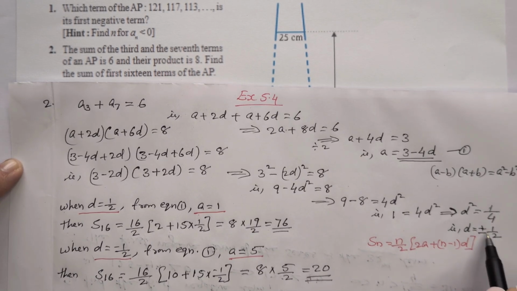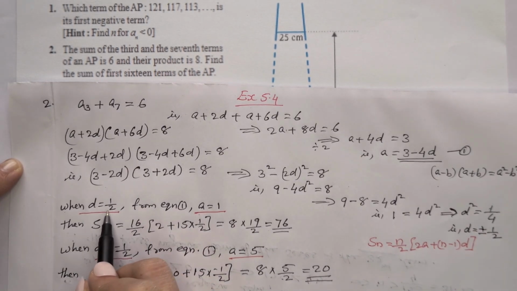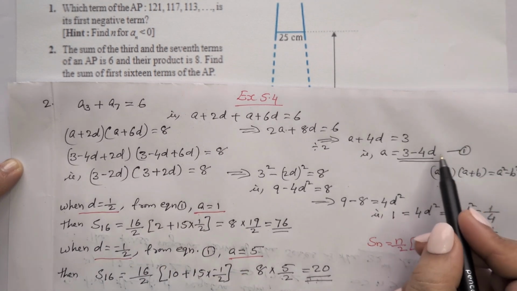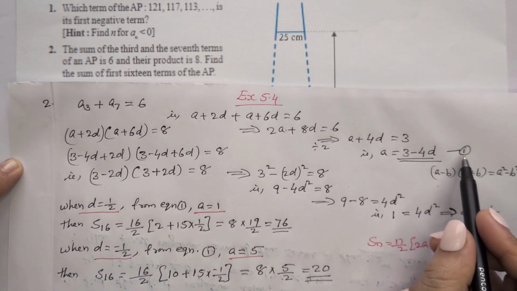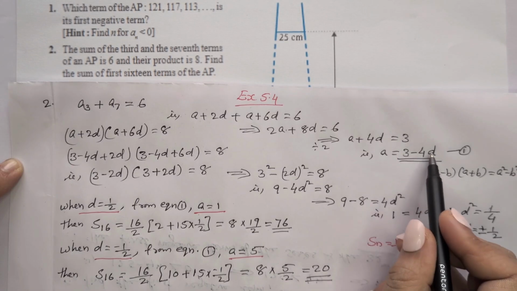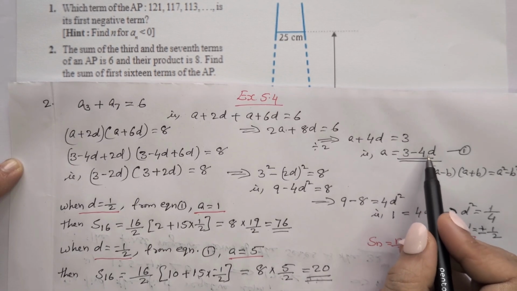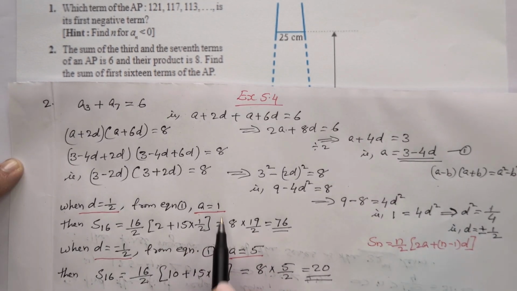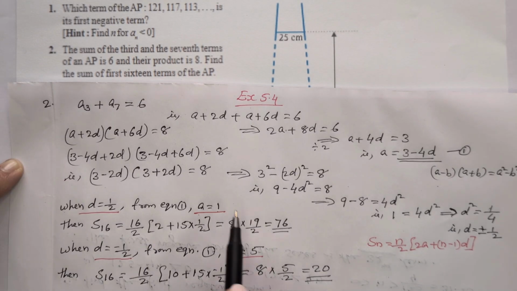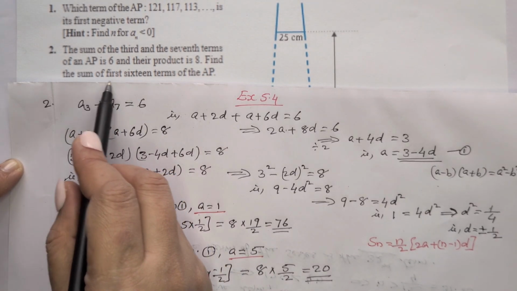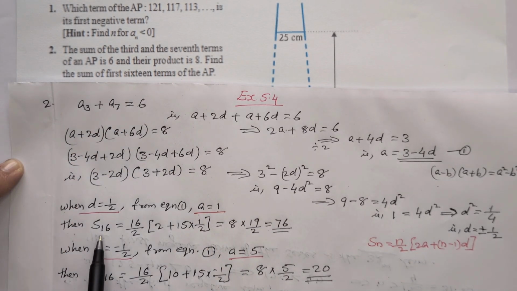When d is equal to plus 1 by 2, first we are taking d as 1 by 2, and from equation 1, this we can mark as equation 1, put that value of d here, 1 by 2, then simplifying, we will get a is equal to 1. Then we have to find the sum of the first 16 terms, that means S16. The formula is Sn is equal to n by 2 into 2a plus n minus 1 into d.